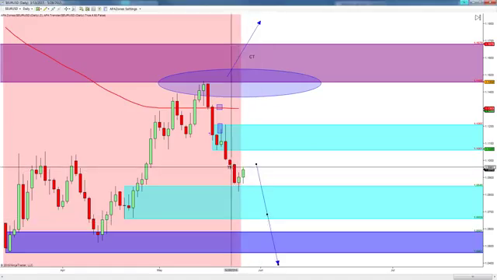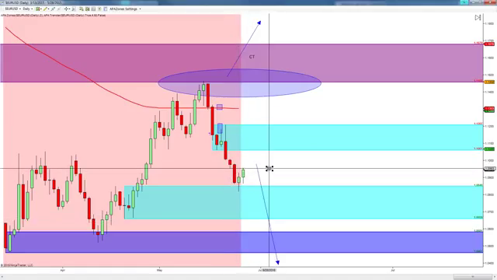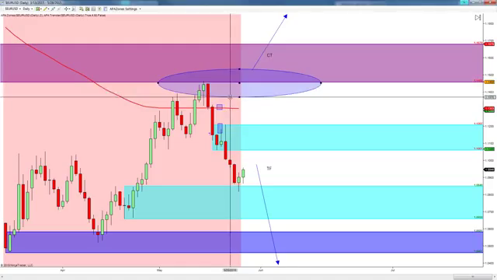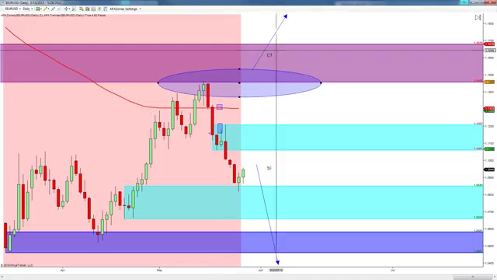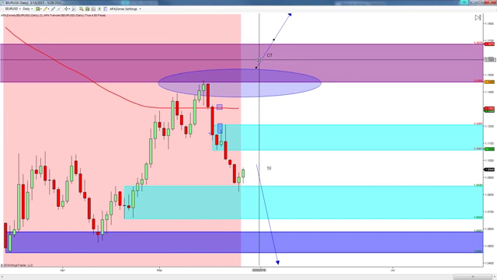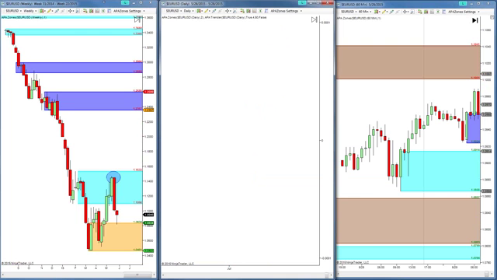I like to classify everything with a trend follow or counter trend setup here. Counter trend, we're looking to the upside. Trend follow, we're looking to the downside. So those are the two different perspectives that we have going on here on the Euro USD.